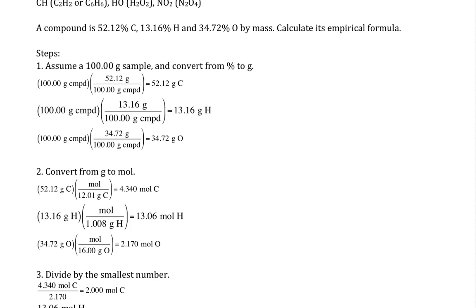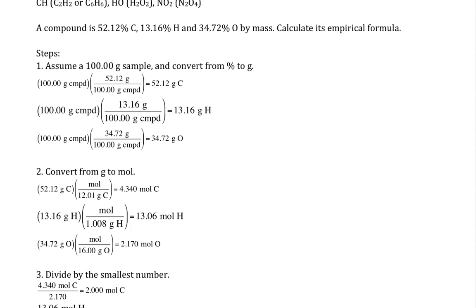We'll go through the steps by considering this problem. A compound is 52.12% carbon, 13.16% H, and 34.72% O by mass. Calculate its empirical formula. So the steps are to assume a 100-gram sample and convert from percent to grams.